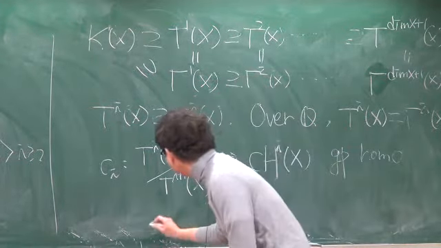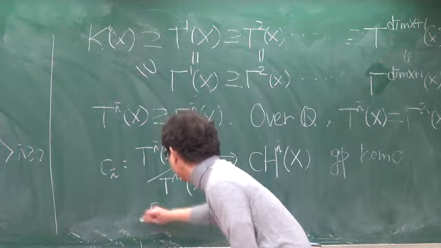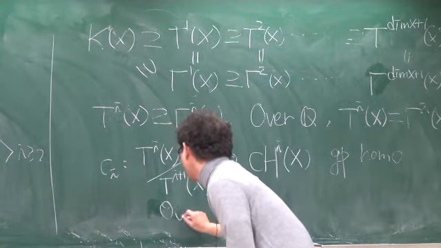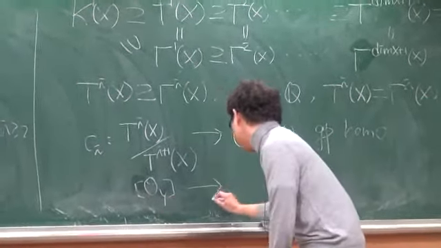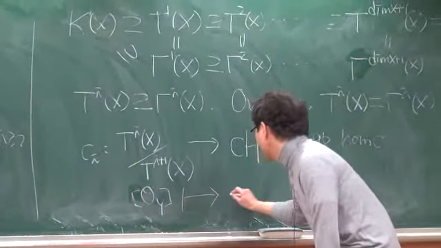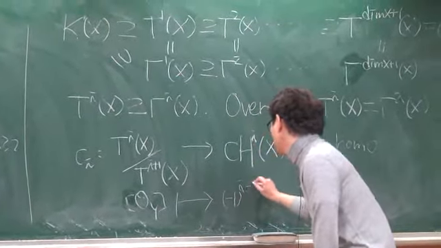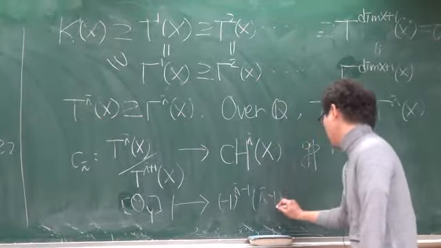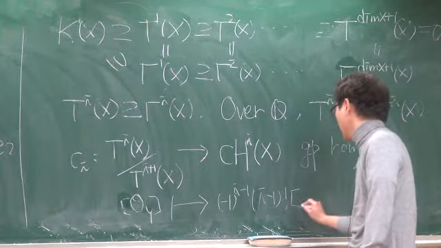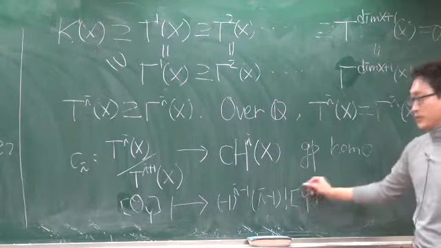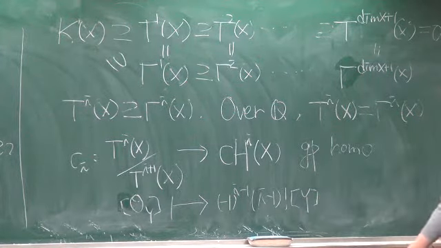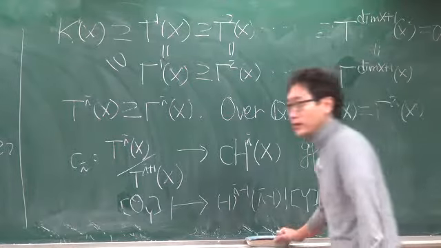Indeed, for any class of a structure sheaf, it maps to some multiple of Y, and the codimension of Y is exactly i.